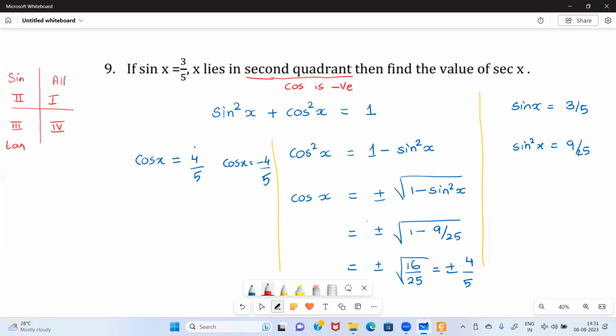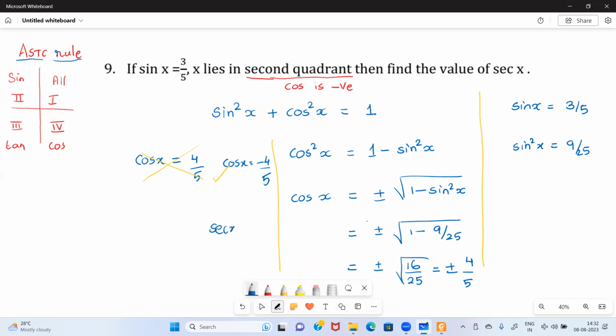And in the fourth quadrant, cos and its reciprocal are positive. This is what we call the ASTC rule. Going by that, because the angle is in the second quadrant, cos x cannot be positive. So we have to choose the negative answer. So cos x is minus 4 by 5.